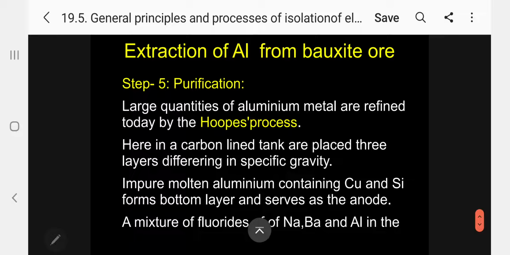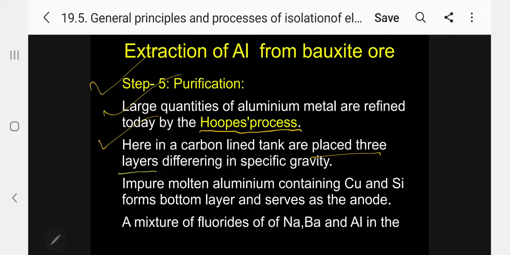Next we go for purification. Large quantities of aluminium metal are refined today by the Hoope's process, different from the Hall-Héroult process we have seen. Here, a carbon lined tank holds three layers differing in specific gravity.